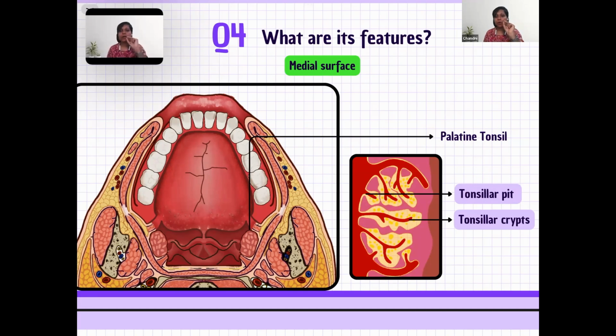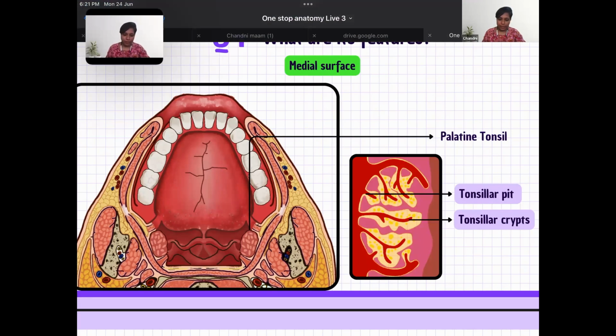Okay? But what we are talking about is a stratified layer, because every time the top layer gets removed, the bottom layer, which is just above the basement membrane, that's the basal layer, keeps producing more cells, which keep rising to the surface. Okay? Right.